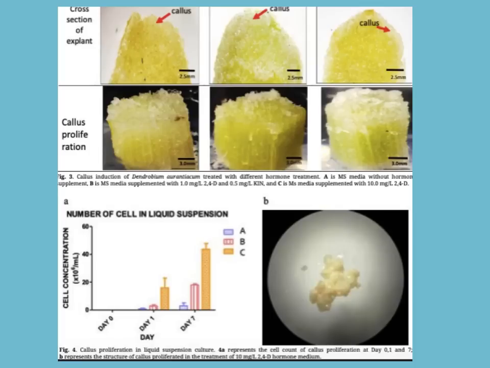This is the callus produced under tissue culture conditions, and you can see that the cell concentration increases from day 1 to day 7 after exposure to different types of stimulus.